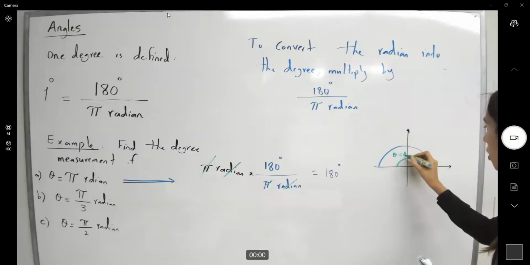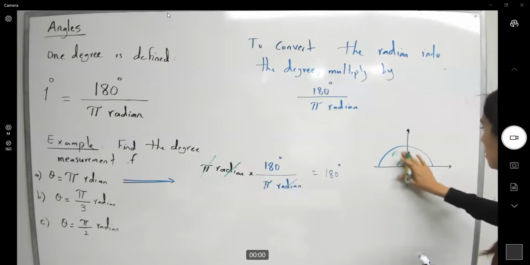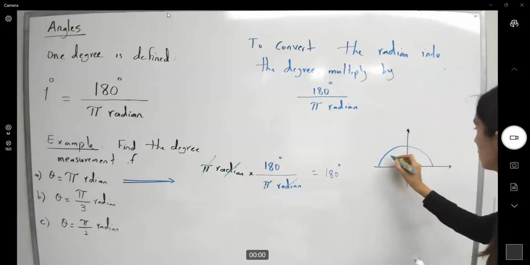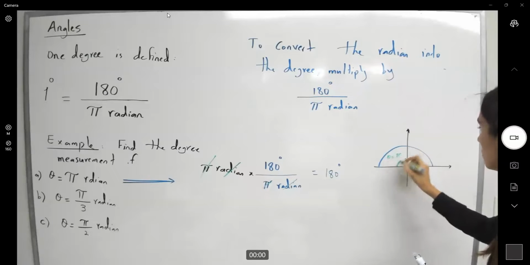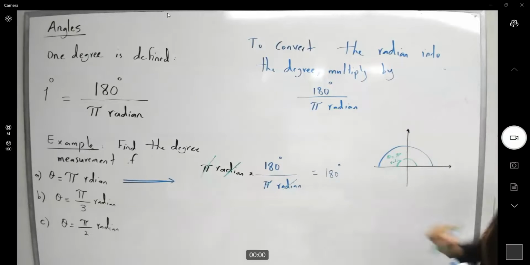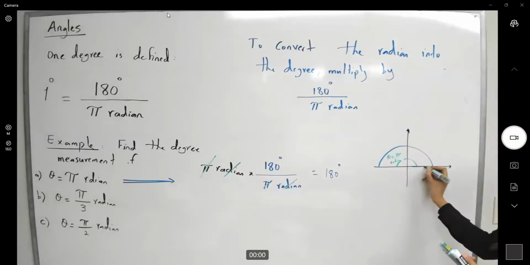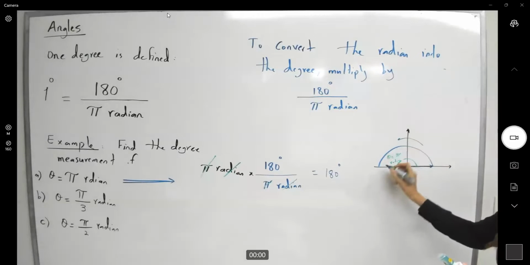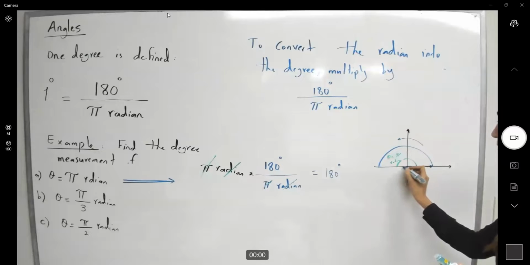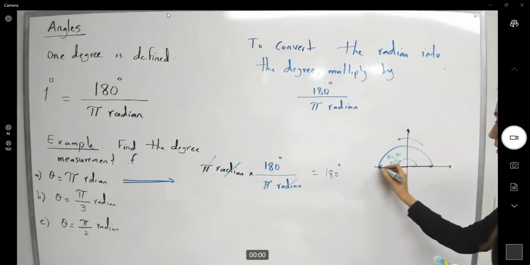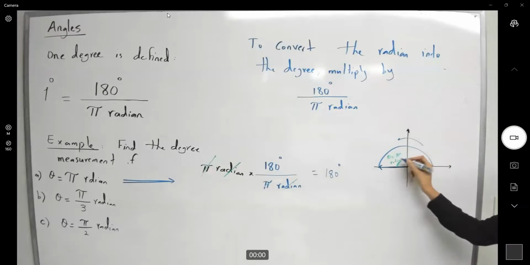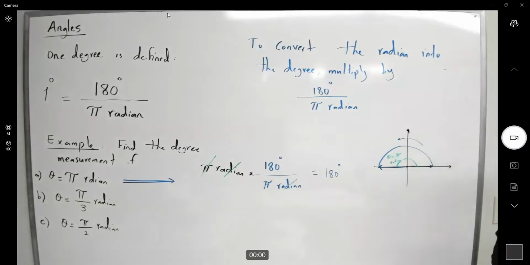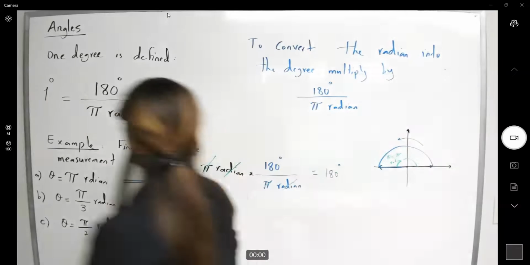Theta is pi in radian, or theta is 180 degrees. A ray started at the initial position, rotated counterclockwise, and stopped at the terminal position. It created 180 degrees or pi radian.